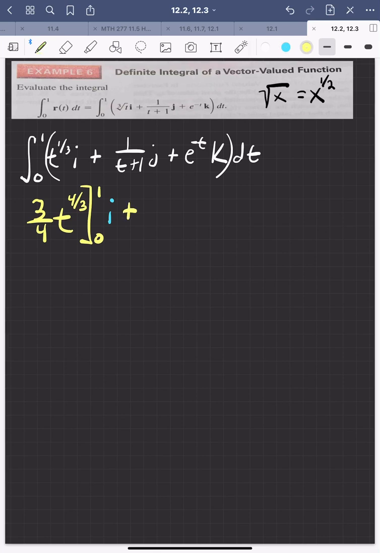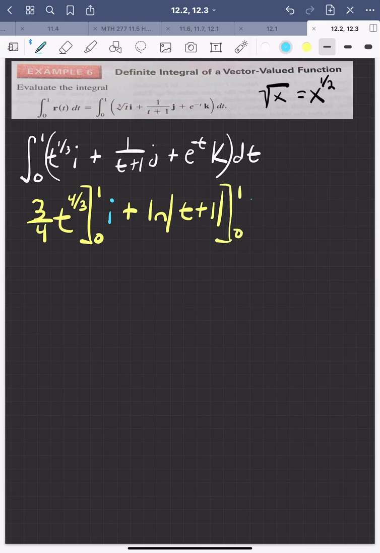All right, plus, if you integrate 1 over t plus 1, that is just textbook ln. So that just means ln of t plus 1. We're going to be going from 0 to 1.